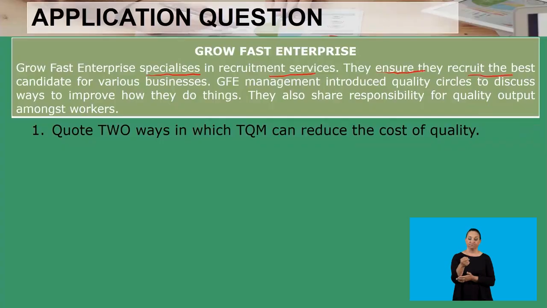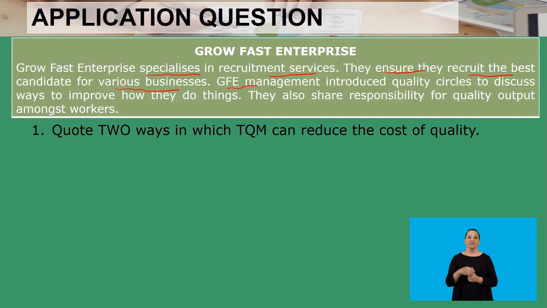There's no TQM there. And then they ensure that they recruit the best candidates for various businesses. So again, with that part, there's no answer there. But when we look into the idea that the Grow Fast Enterprise Management introduced quality cycles to discuss ways to improve how they do things, then we have an answer there.